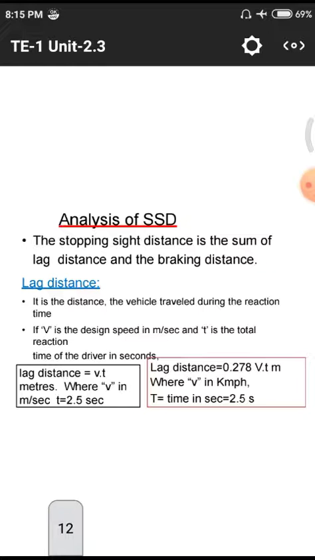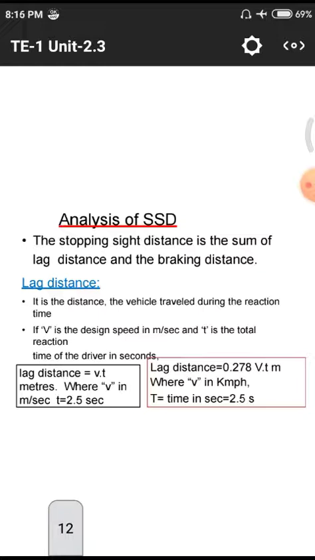Lag distance is the distance the vehicle travels during the reaction time. That means after observing a vehicle in front of us, the distance we travel is called the lag distance.